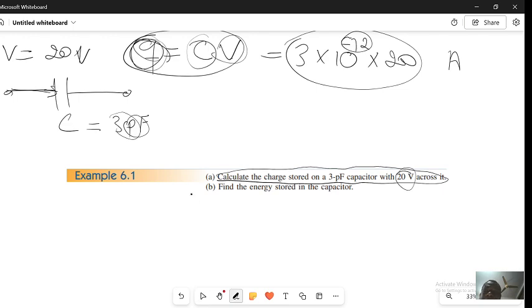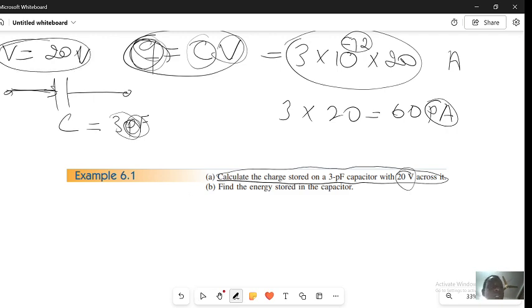If I maintain the pico, 3 multiplied by 20, I will have 60 pico coulomb. I will keep the pico, because the voltage is in its own initial unit.